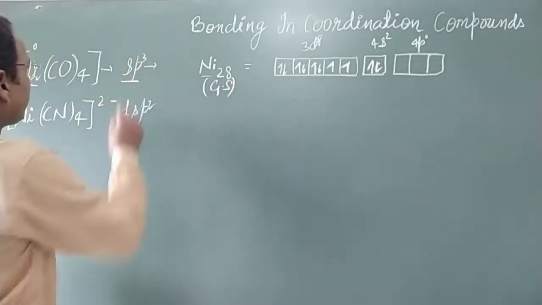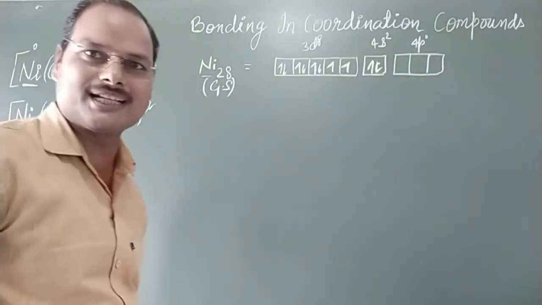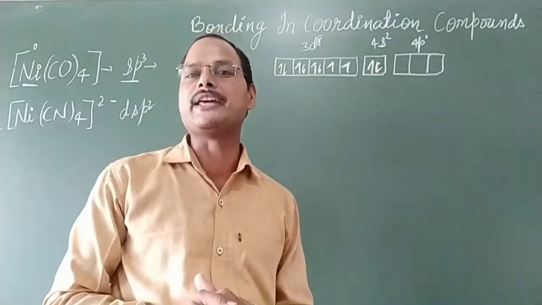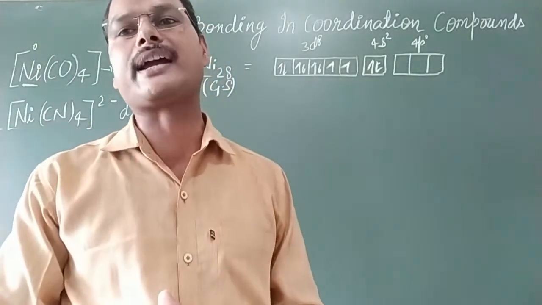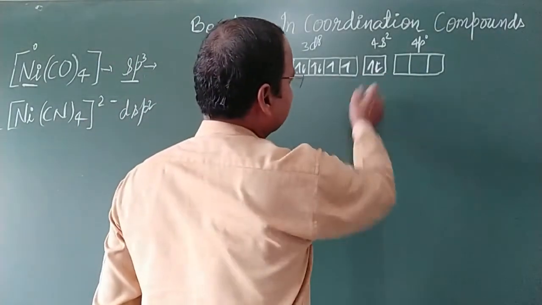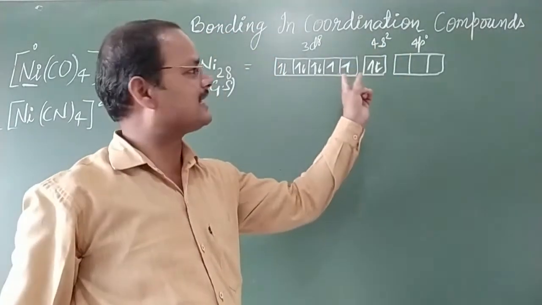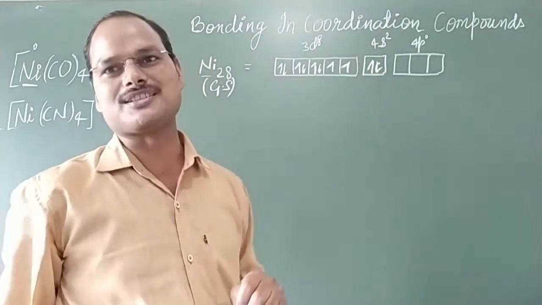To show the hybridization sp3, one s orbital and 3 p orbitals should be vacant. But here you can see, 4s orbital is having 2 electrons.